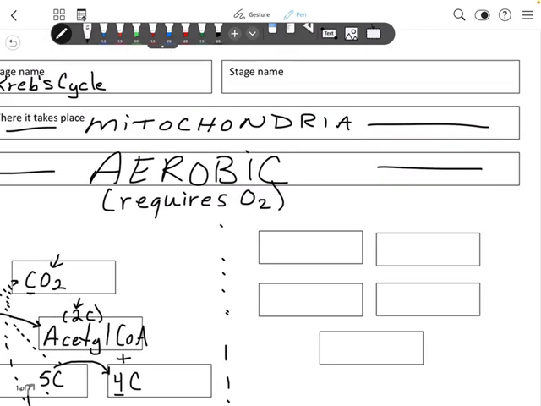The last stage is referred to as the electron transport chain, also known as ETC. Now, I do expect you to know what it stands for, but if you want to use ETC instead of saying electron transport chain, that would be fine.